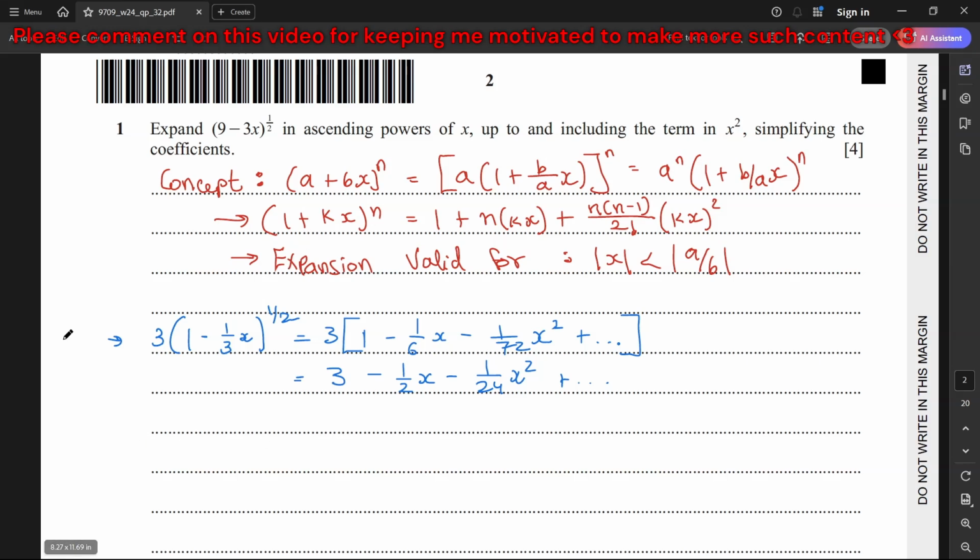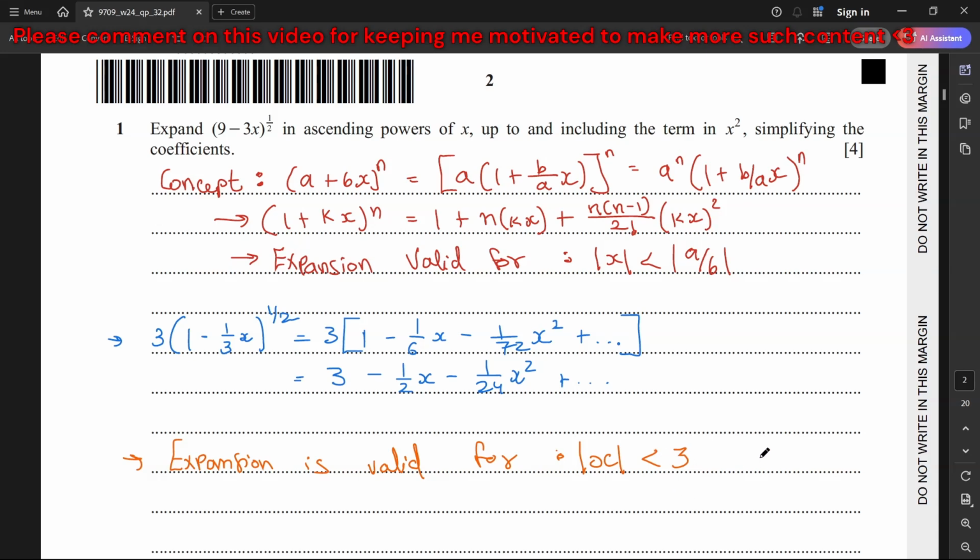Okay, and then if you want to mention the validity of this expansion, you can say that the expansion is valid for values of x such that modulus of x is less than a by b. In this case, 9 by 3, but I'm going to take only the positive sign because of the modulus sign. So 9 by 3 is 3.